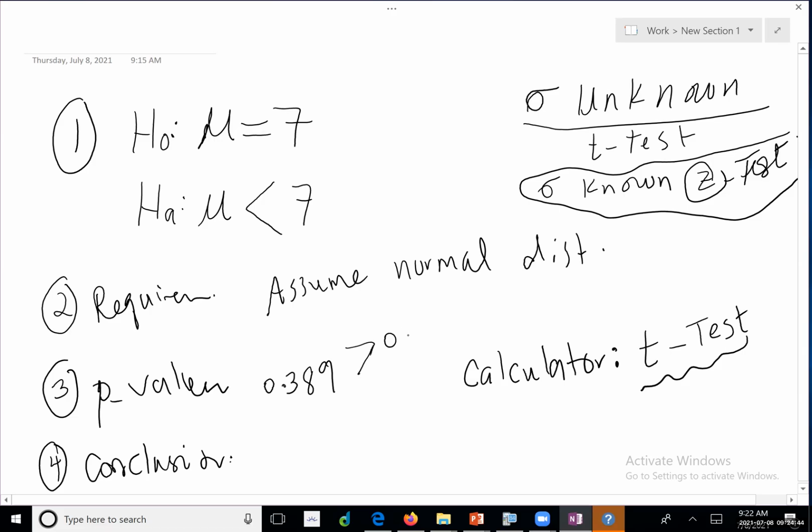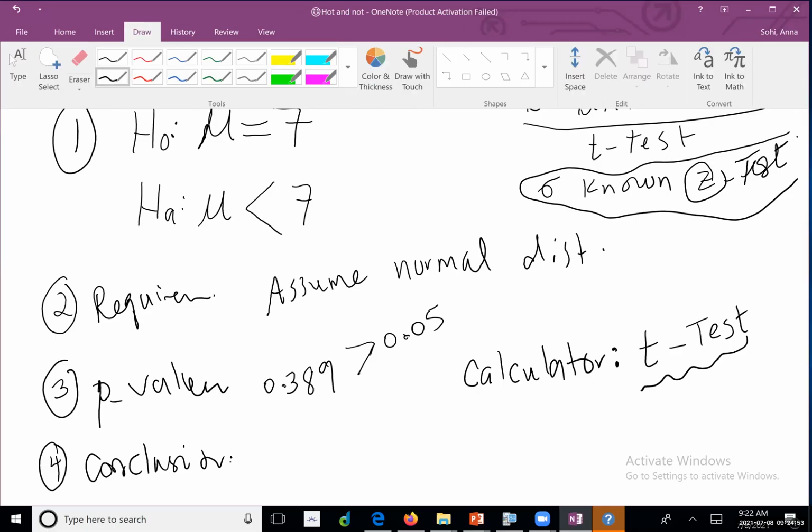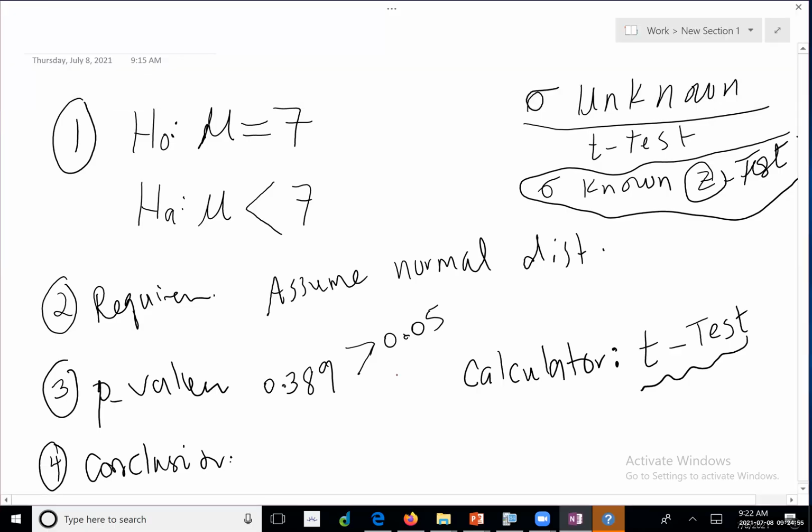This is definitely greater than 0.05. So when it's greater, tell me which one it is: reject the null or fail to reject the null? Fail to reject the null.